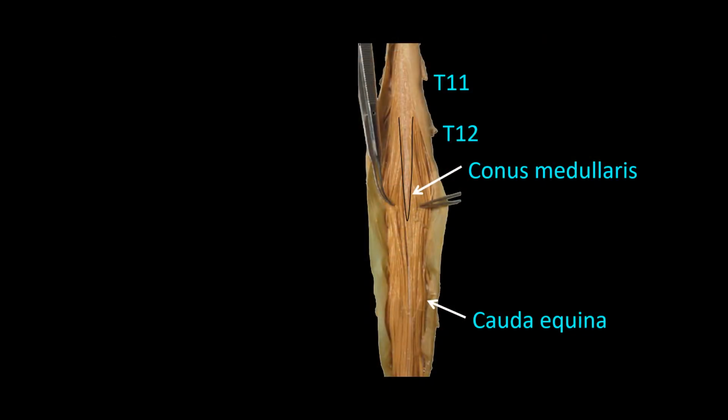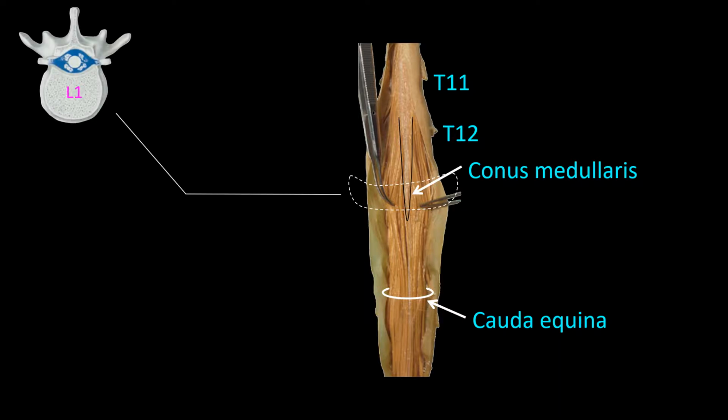In this frame, you can see a segment of a spinal cord that includes the conus medullaris traced with a black line and the cauda equina. Now I have represented a vertebra. This vertebra corresponds to L1. You can see in the figure that the conus is still present at this level.